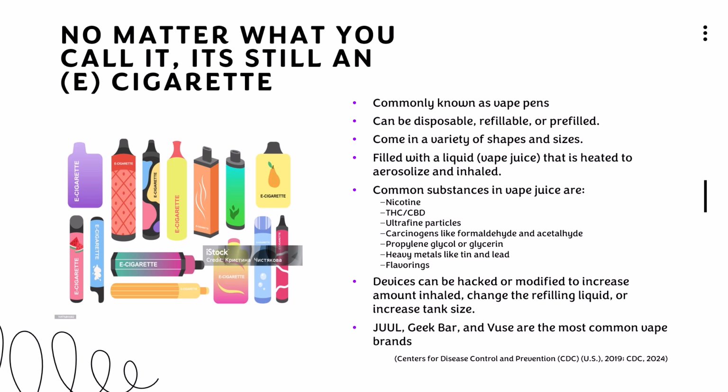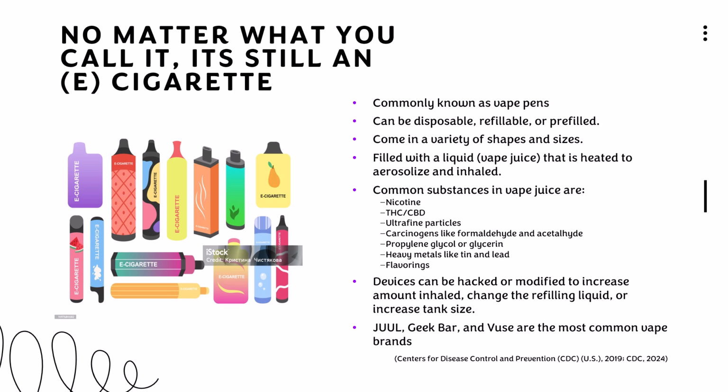The most common ingredients in the e-liquid or vape juice are nicotine, THC or CBD. They also have harmful things like ultrafine particles, carcinogens like formaldehyde and acetaldehyde, heavy metals like tin and lead, and they also have ingredients like flavorings that can be detrimental to your lung health, as well as propylene glycol or glycerin as a binding agent.